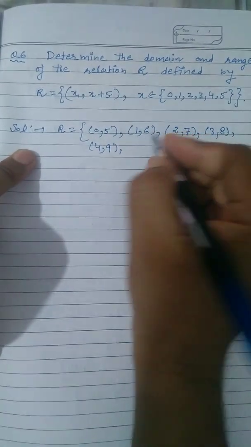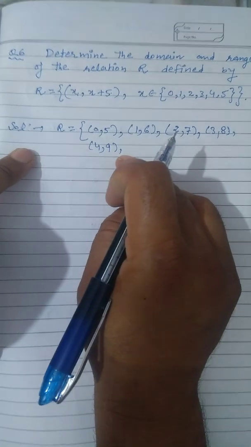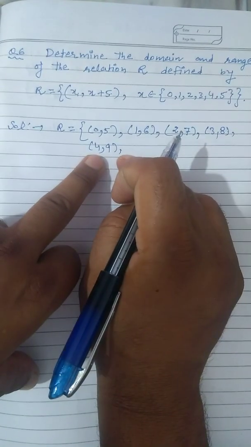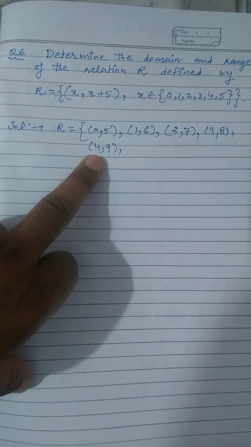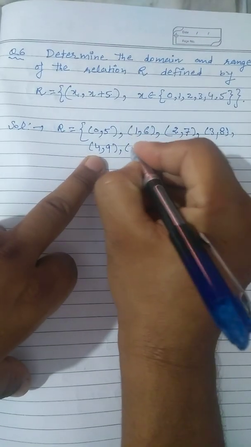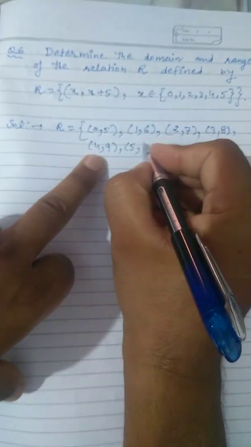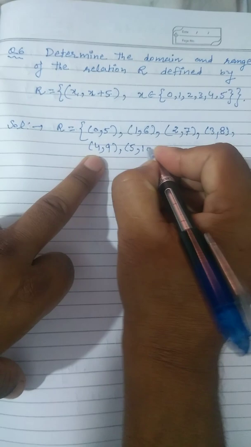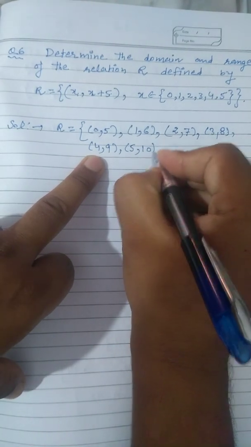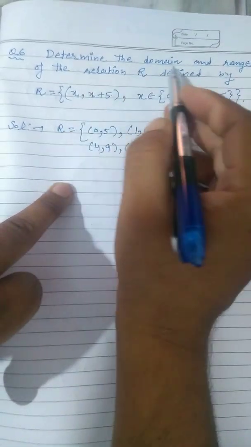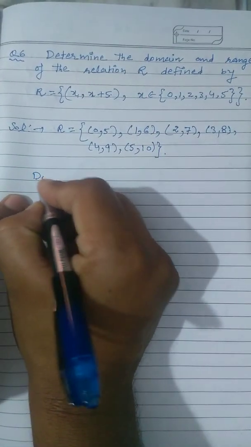This way, we can write the elements in roster form. Last one is x is 5, then y is 5 plus 5, 10. So determine the domain. What is domain?